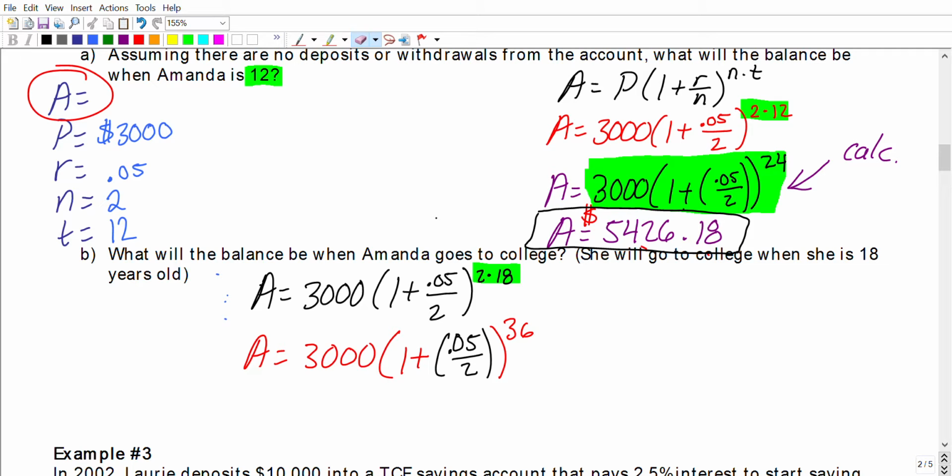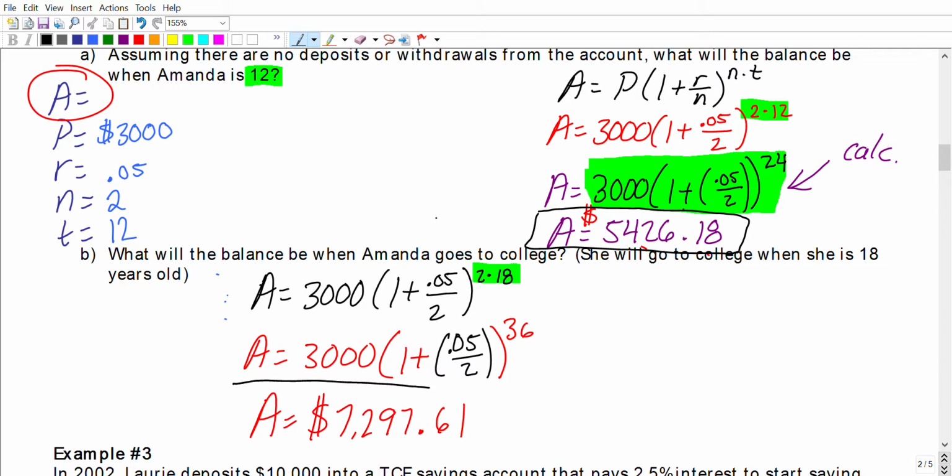So we have 3,000 open parentheses, 1 plus another open parentheses, 0.05 divided by 2, close one parentheses, close the second set of parentheses, and then this is raised to the 36, and I got a grand total of $7,297.61.